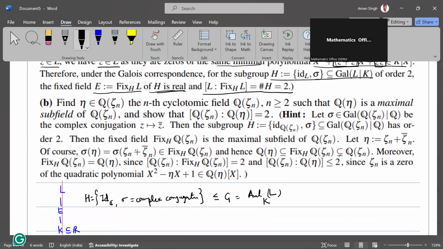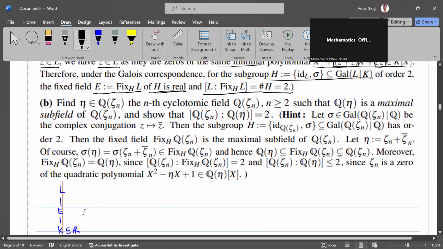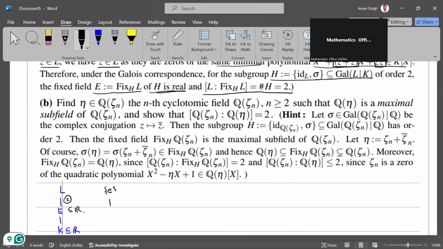Now next question. Let eta be some element inside Q(ζ_n), where Q(ζ_n) is the cyclotomic field.